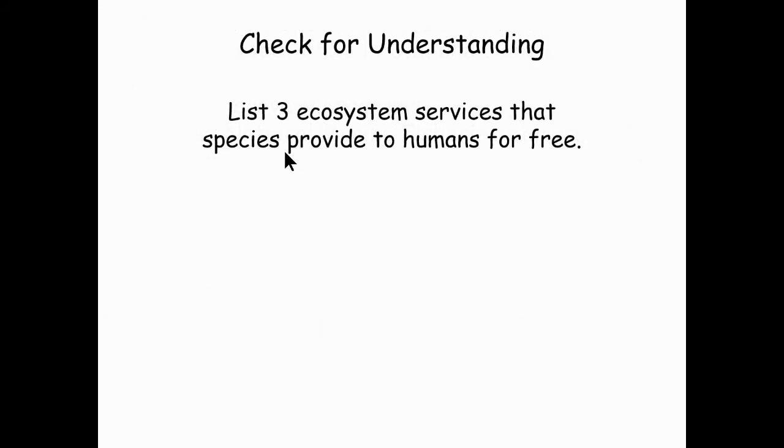All right, list 3 ecosystem services that species provide to humans for free. You might want to take a look back at number 17. Yeah, they control pests, they produce oxygen, flood protection, primarily for maintaining soil integrity and root structure, which helps reduce erosion, erosion control, compounds found in medicines, a lot of which are found in rainforests, and joy.